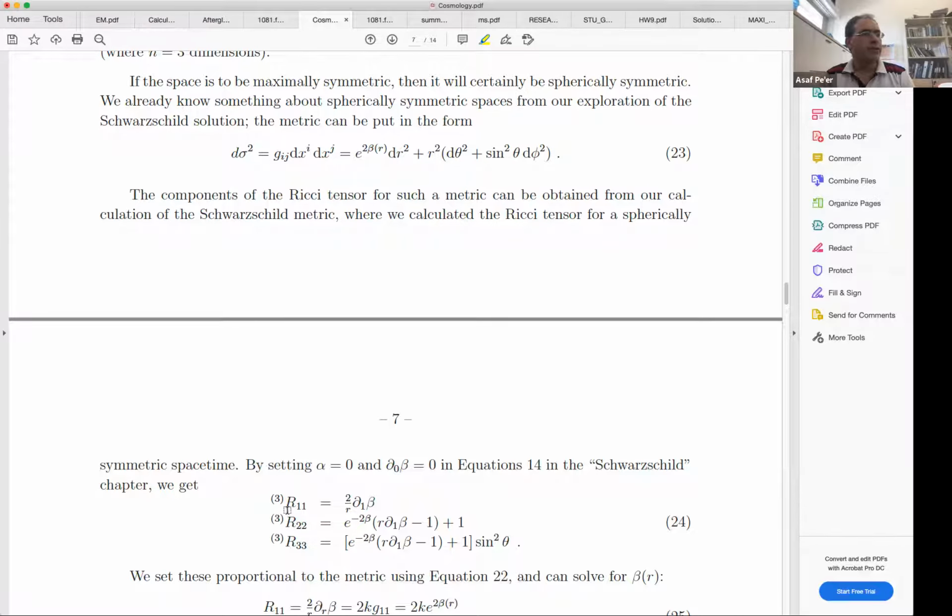The components of the Ricci tensor: R11 in 3 dimensions is just 2 over r times the r derivative of beta, so 2/r ∂_r β. And then R22 is just e to the power minus 2β times (r ∂_r β minus 1), all that plus 1. And R33 is just R22 multiplied by sine squared θ.